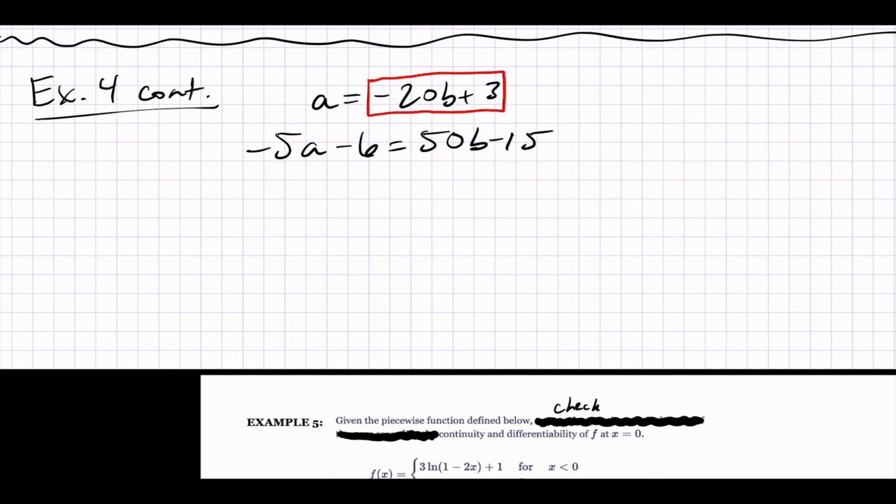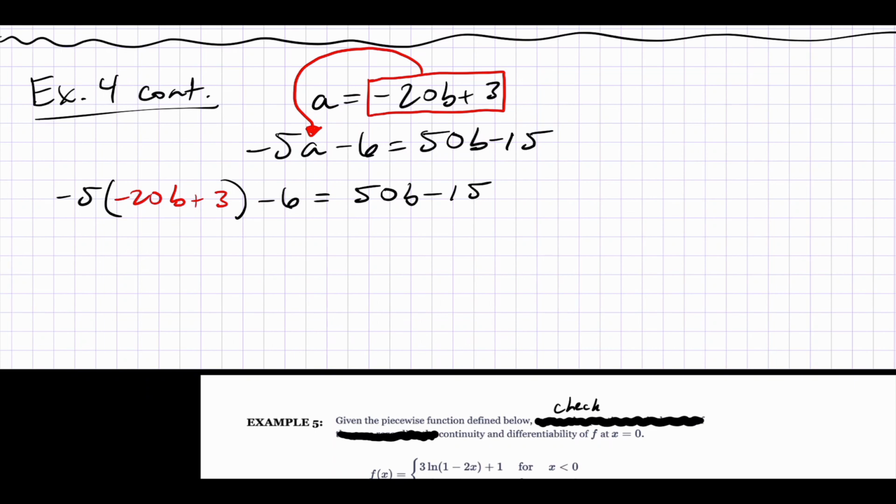So substitution says A equals that stuff I just boxed in the red, negative 20B plus 3. So what I'm going to do for my other equation is everywhere I see an A, I'm going to plug in that value. So negative 5 parentheses, instead of A, I'm going to write negative 20B plus 3, minus 6 equals 50B minus 15.